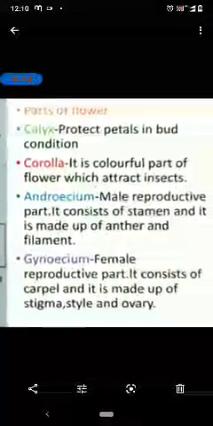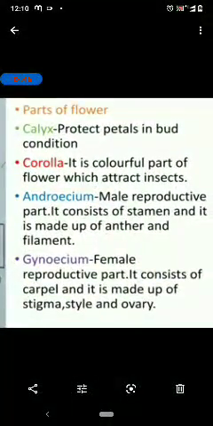So what is calyx? In a bud condition, the petals are covered by the leaf-like part called sepals, which is for the protection purpose, and it is known as the calyx.